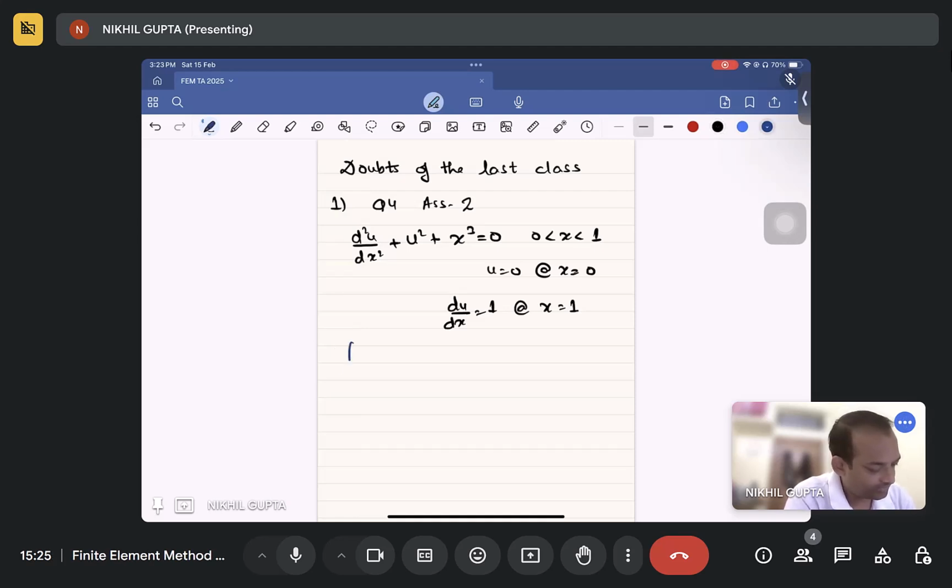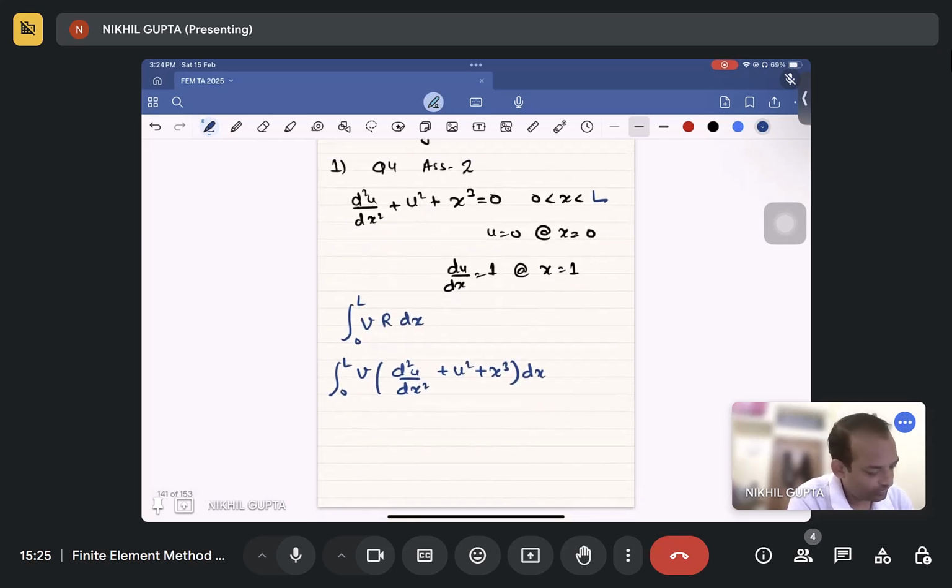So what we did, we solved like this. In the question it was given as 1, but it should be L here. I'll repeat, it should be L here. So for 0 to L we are doing it. We'll write the integration. We'll say the residue is d2u by dx square plus u square plus x cube, dx.